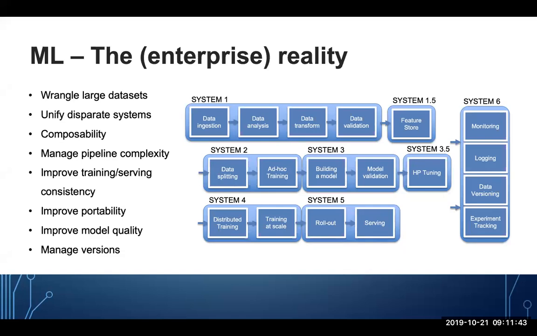So as I said, you have to wrangle large data sets. You have to find a way to kind of unify those disparate systems, to manage the whole pipeline complexity, to find a way kind of to compose your pipelines and reuse a lot of the individual steps, maybe to make it just more streamlined, and ultimately improve the portability and improve the model quality.